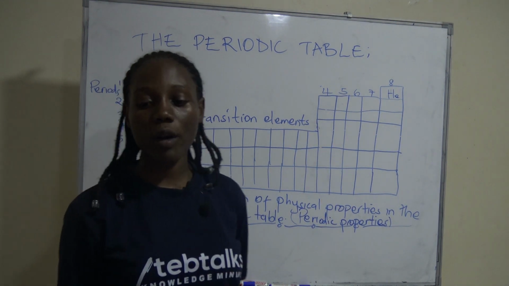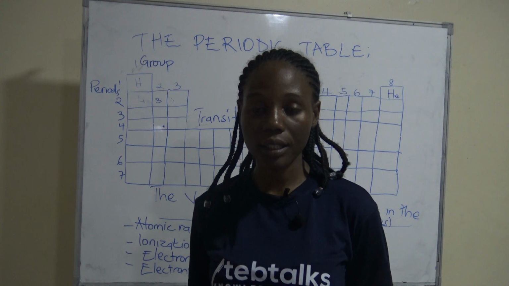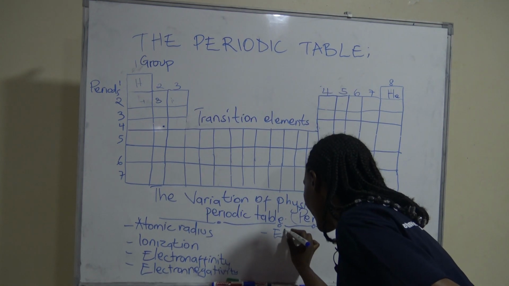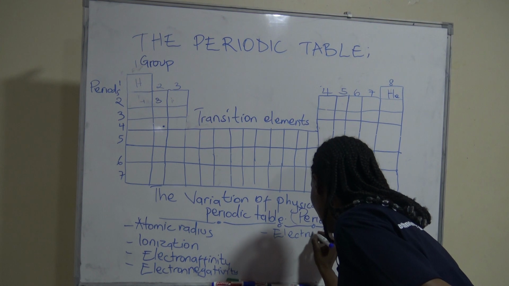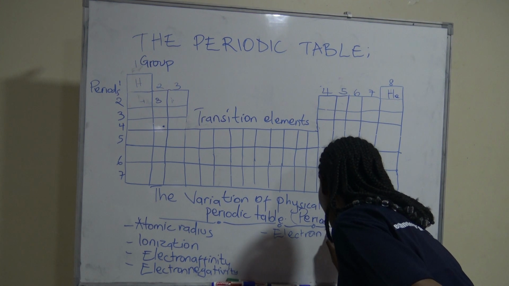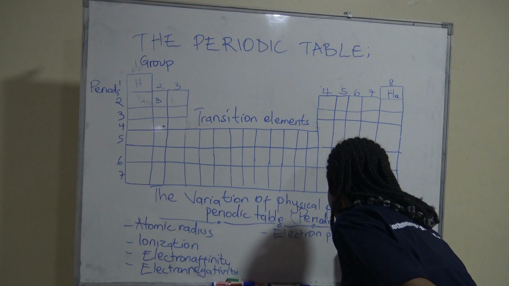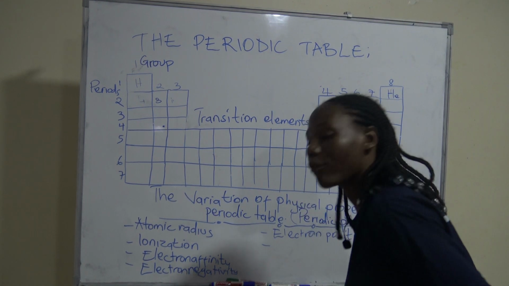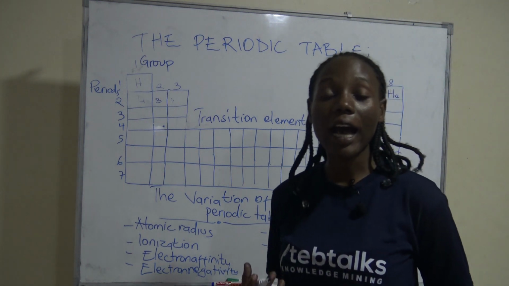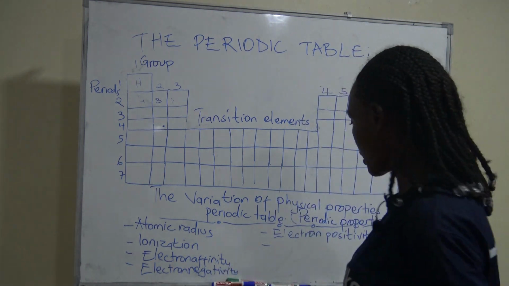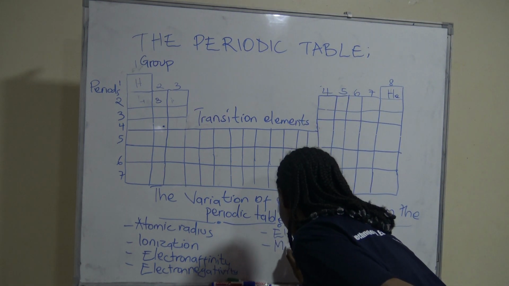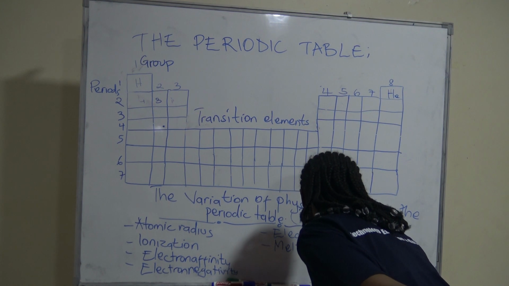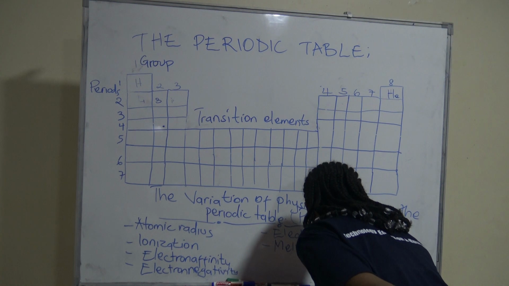We also have what we call electropositivity. Then we have what we call the melting and boiling points.